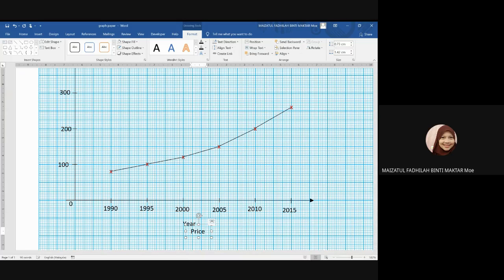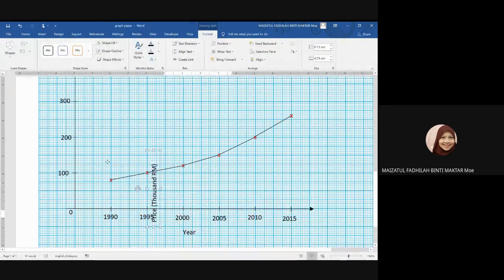Price. Okay, so this one, after you get it, put it at the vertical axis.